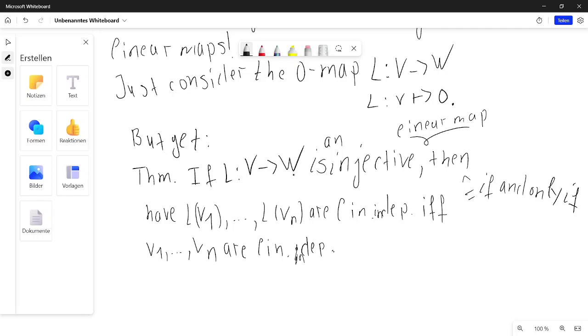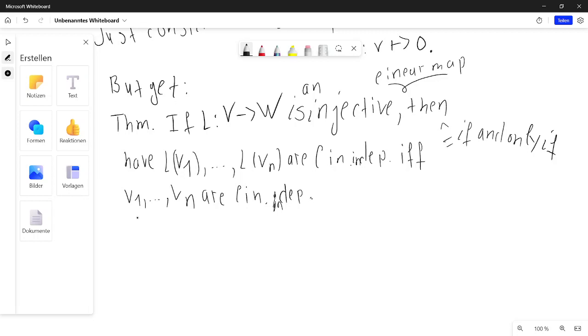And the other way around, if your L is also injective, you can go into V, find some linearly independent vectors, and then transition this linear independence to your image space. If you find such an injective map, you get linearly independent vectors by just choosing linearly independent vectors in your domain space, right? But that we have yet to prove, and we have only to prove one direction.